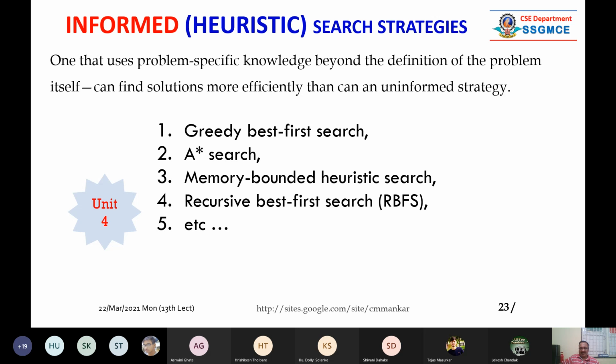This may seem a little odd, but go through it. It can find solutions more efficiently than an uninformed strategy. Anyway, try to interpret it. We shall discuss it during unit number 4.